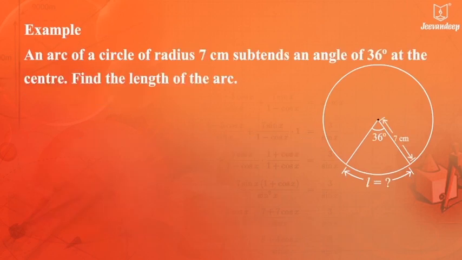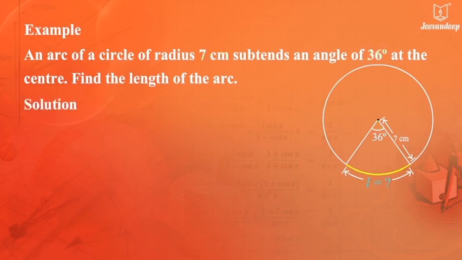Example: an arc of a circle of radius 7 centimeters subtends an angle of 36 degrees at the center. Find the length of the arc.